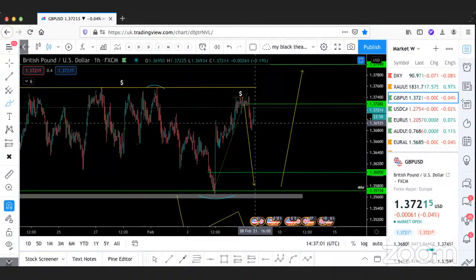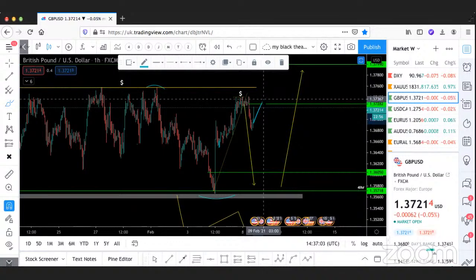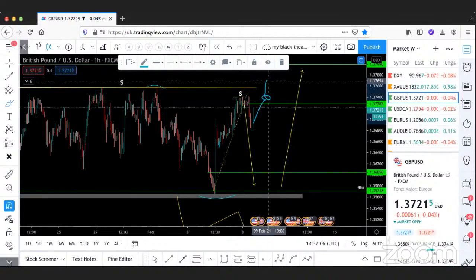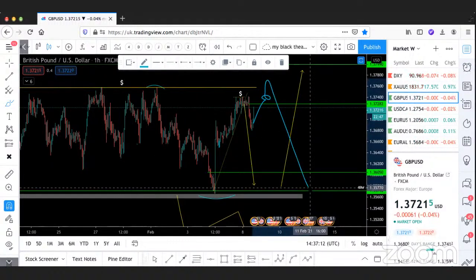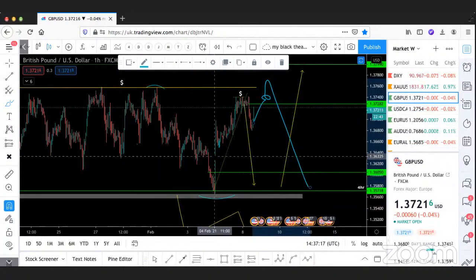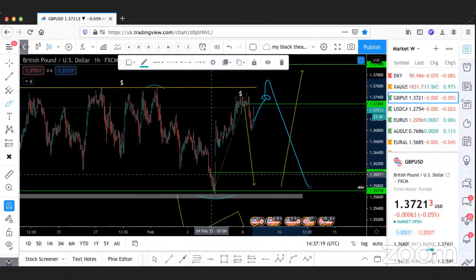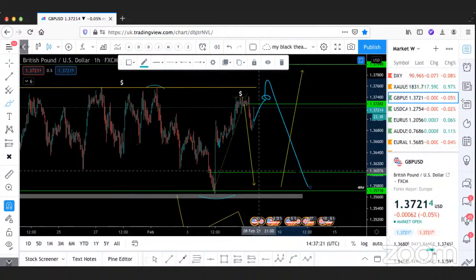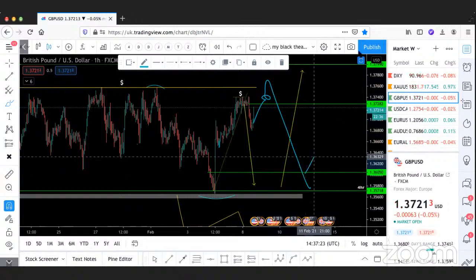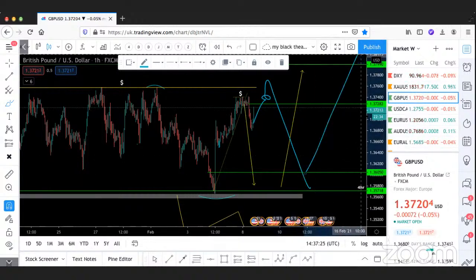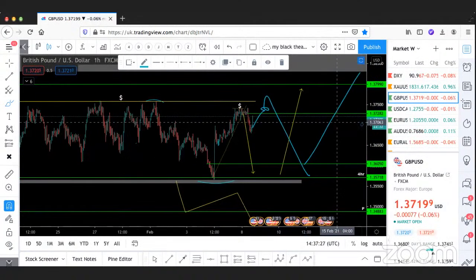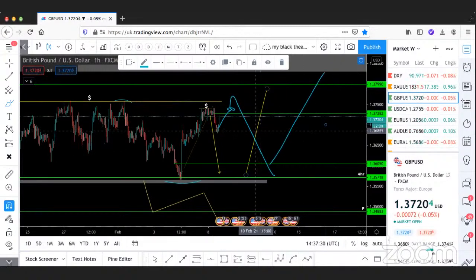What I'm anticipating right now is for price to hit this level, collect all the liquidity up here, then come back and retrace and fill this imbalance that we have here. Maybe it could come up to 50% or maybe just a bit lower. Then we could anticipate it possibly continues its move. This is one scenario we can look at the moment.